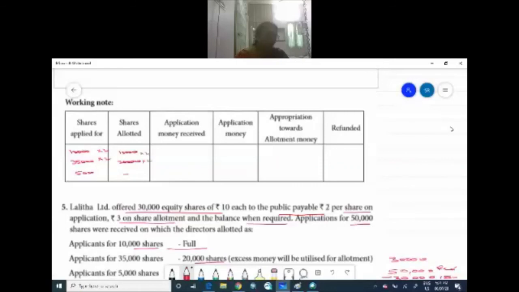So how much application money did they receive? 20,000. Okay, here they received 70,000, so apply into two, 70,000 here. Here what did they receive? 10,000. So what is the application money? Yes, the application money I know will be 20,000.